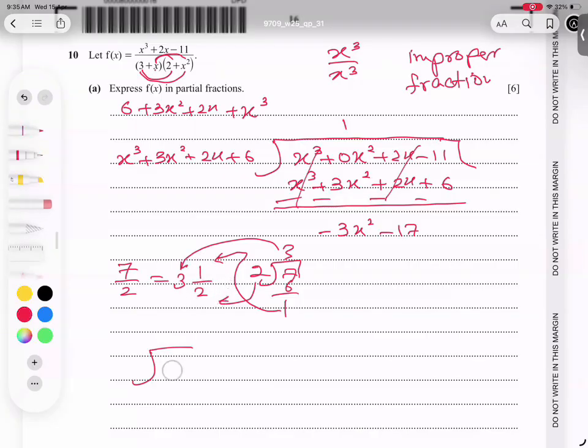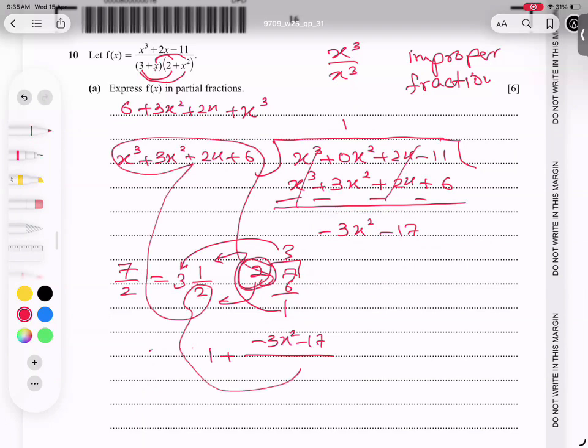What I'm going to do with this part: the top fraction will come here, plus the remainder will go in the numerator, and the divisor outside will go in the denominator.